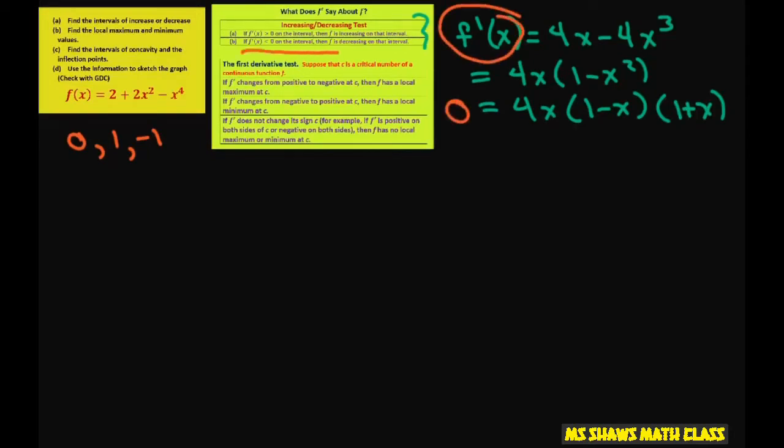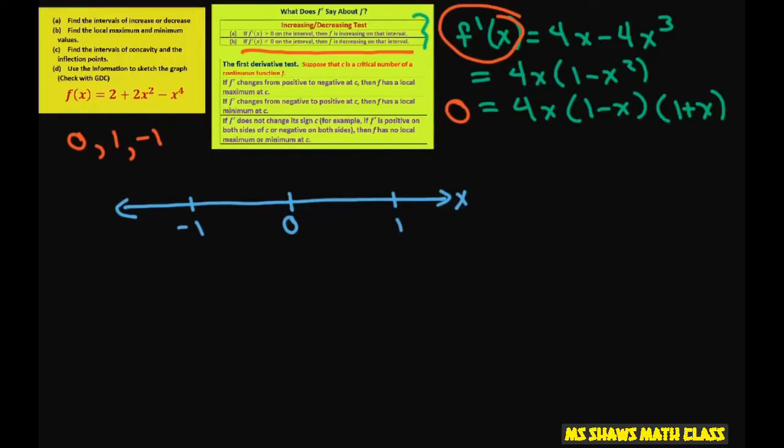Now what we're going to do is see when it is increasing and decreasing on the intervals. So I'm going to do a little sign diagram here. These are your x values to give us an idea when it's increasing and decreasing, and I put these in order: negative 1, 0, and 1.